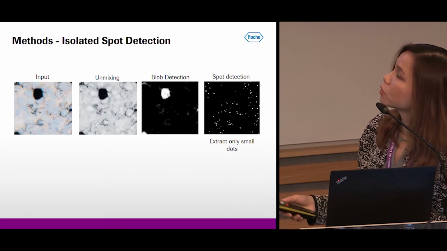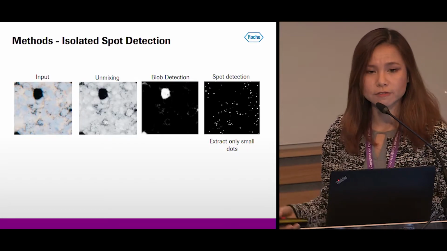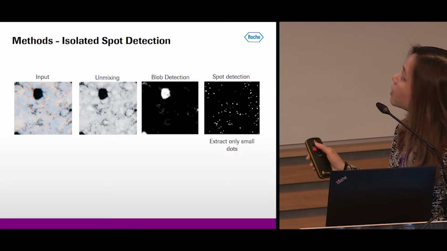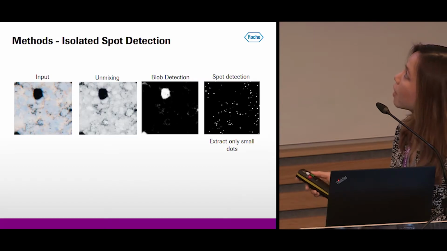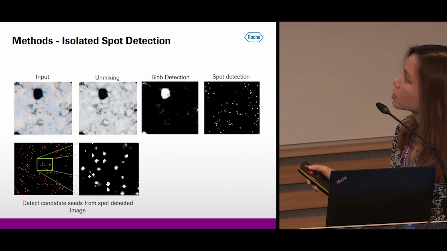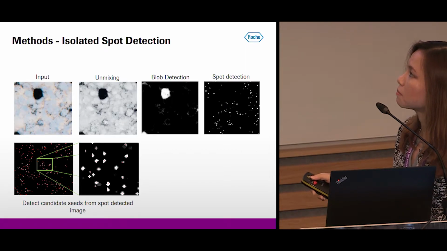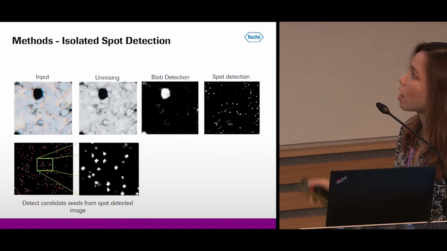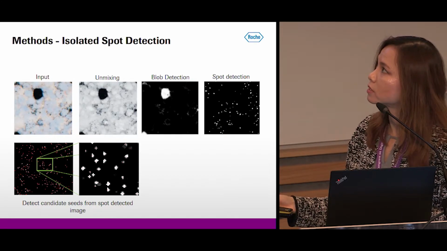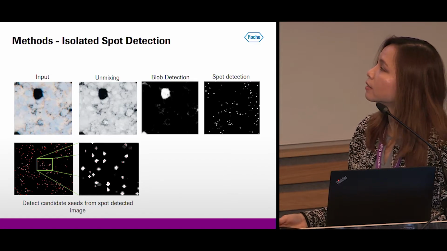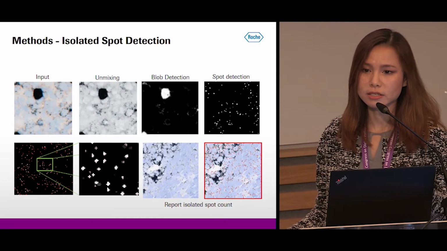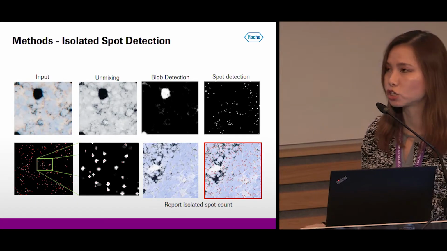In this step, we use the difference of Gaussian, or DoG, method to extract the small dots from the blob signal. After we detect the tiny spots, we find the position by inputting the annotation of the XY coordinates at the center of the spot. As a result, we can report the number of isolated spots in a portion of the tissue.